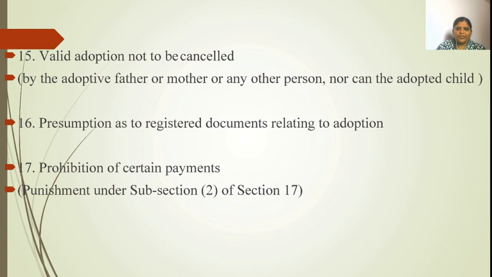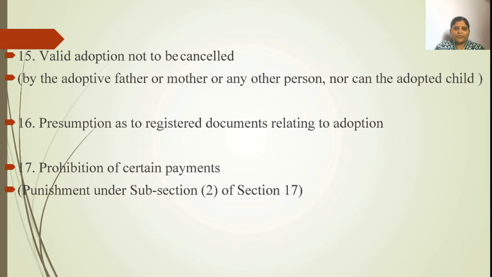Now, section 15, what does it say? Section 15 basically deals with the point that a valid adoption cannot be cancelled. What does it mean? This adoption cannot be cancelled by the adoptive father, nor by the adoptive mother, nor by any other person, it may be a guardian, nor can the adopted child.